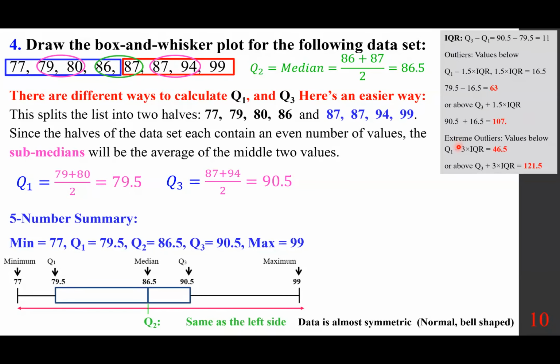If we were going with extreme outliers, then we have to multiply this one by 3, everybody. And subtract it from Q sub 1, we get 46.5. Add it to Q sub 3, we get 121.5. They didn't ask, you don't have to worry about it, but I just wanted to show you in case.